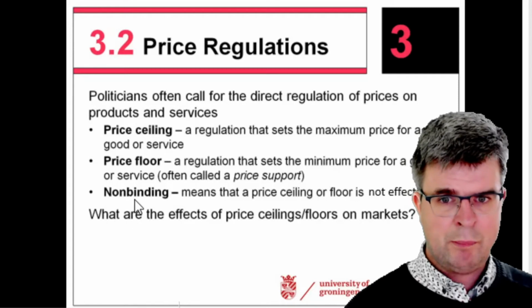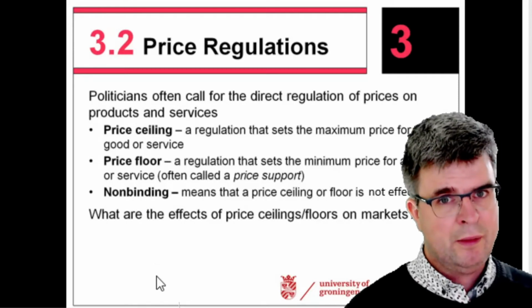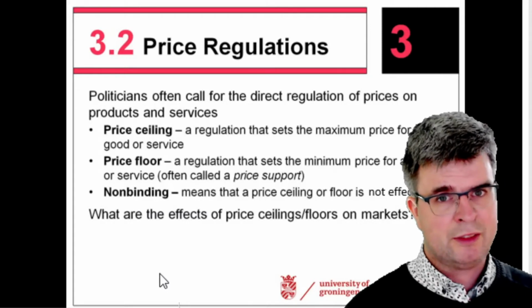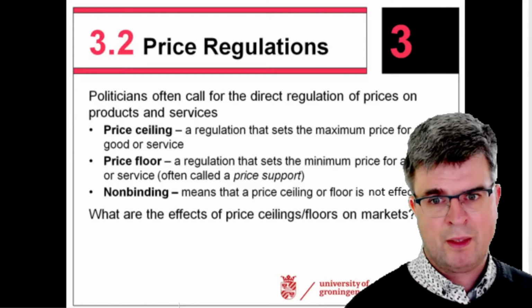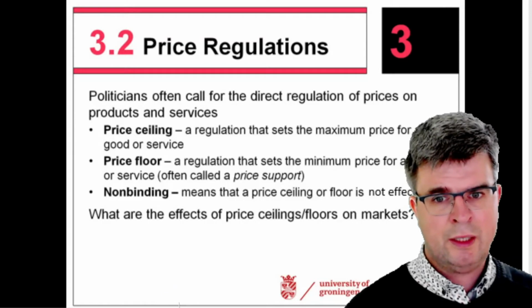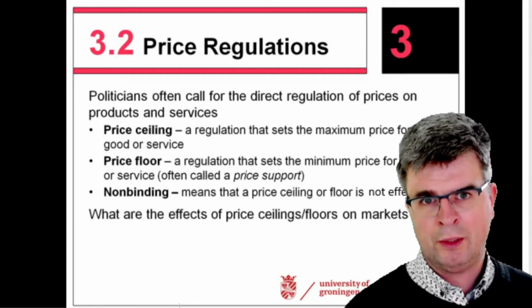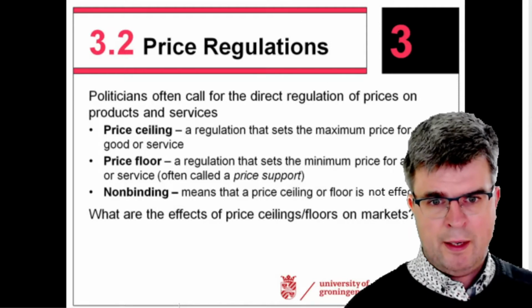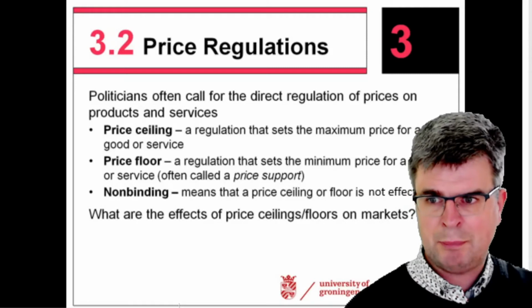So if they're non-binding, then the price floor is lower than the equilibrium price that would exist if you would just leave it to the market. So what are the impacts of price ceilings or price floors on markets? That's an important question, and we will go through a number of examples.